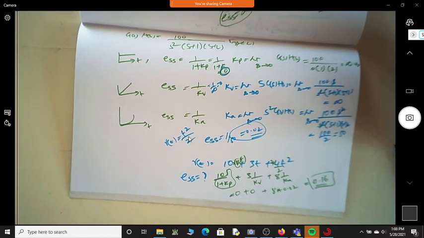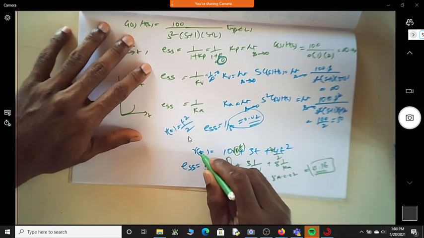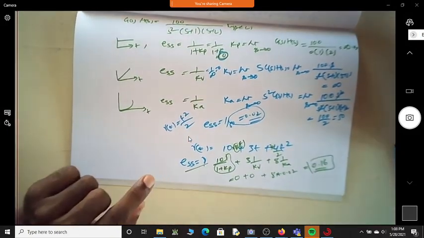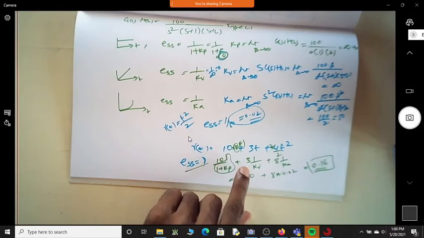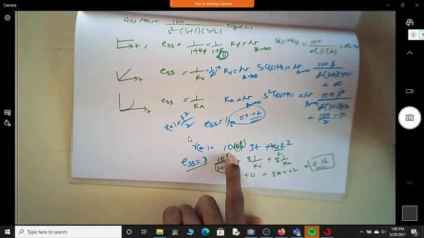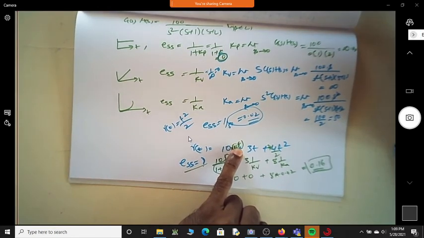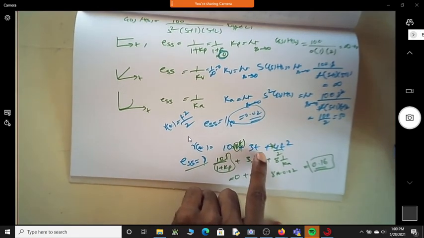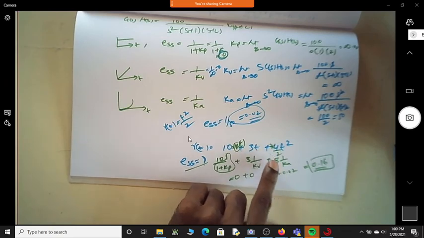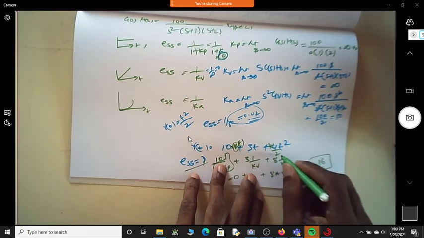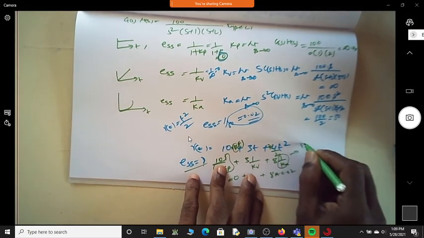This is how we can do it. Let me again repeat. This is your R of t. For this system, we are asked to find out what is ESS, because this input has all three inputs: 10 units of step input, 3 units of unit ramp, and 8 into t square by 2, because whatever 1 over Ka we obtained is for t square by 2.